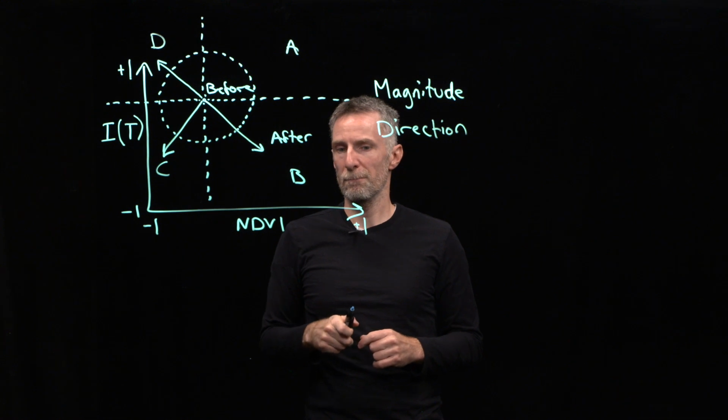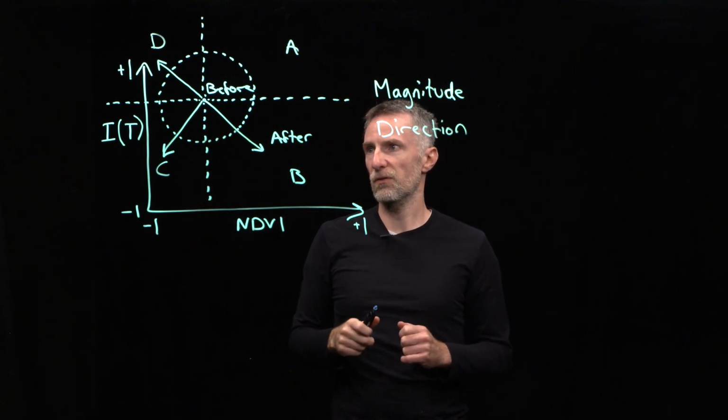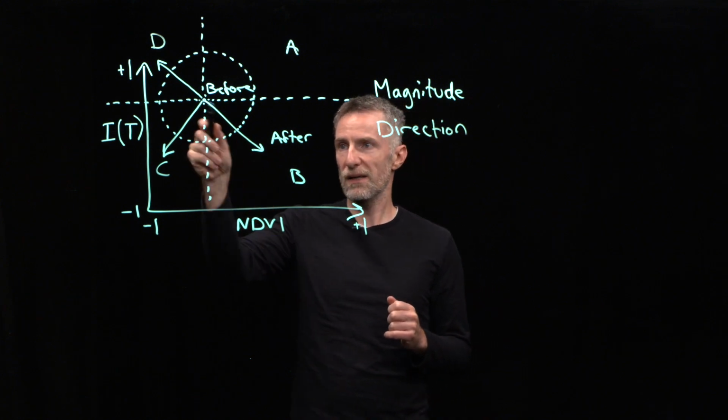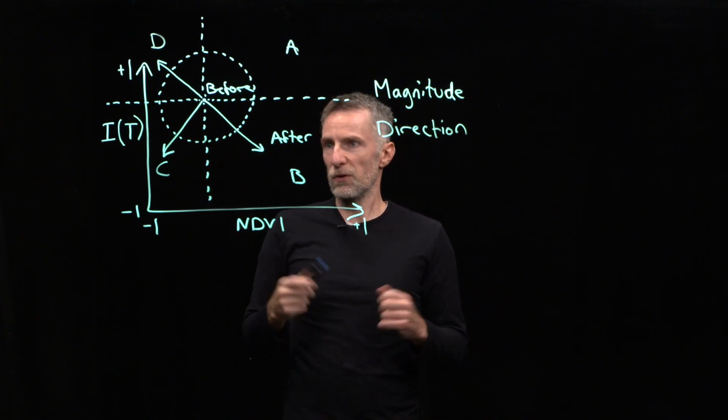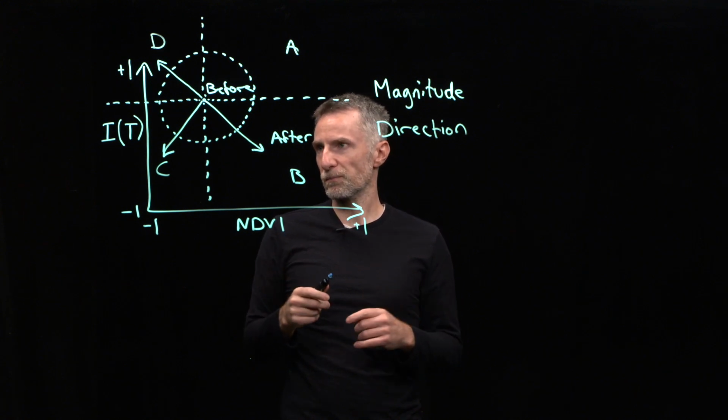The last thing I want to mention is that I've drawn an example in which we used 2 indices here. The reason why it's important that the indices have similar scales is because we need to calculate the magnitude of the change vector, and we use this with simple Euclidean geometry.